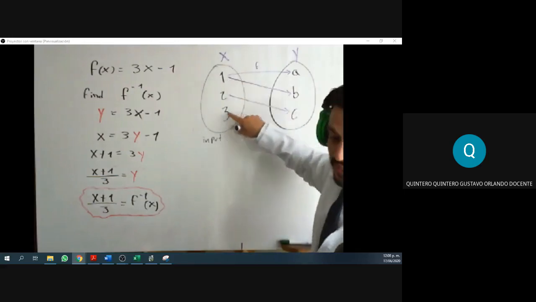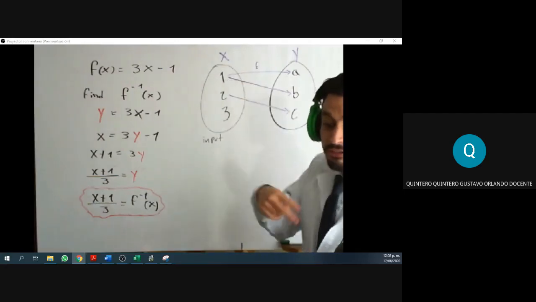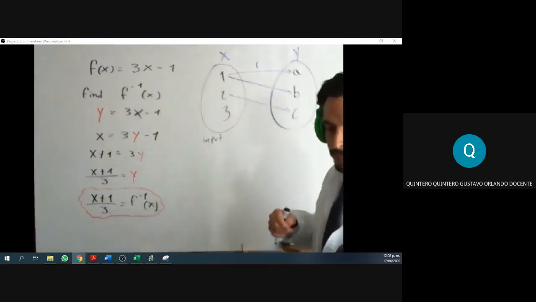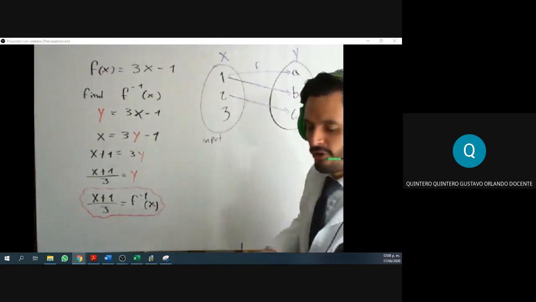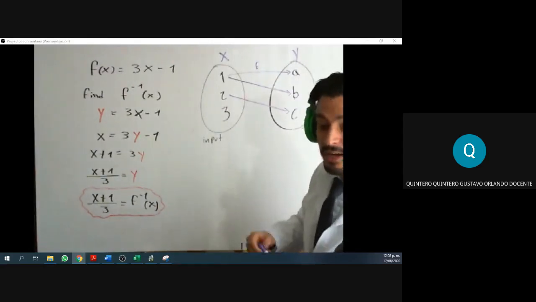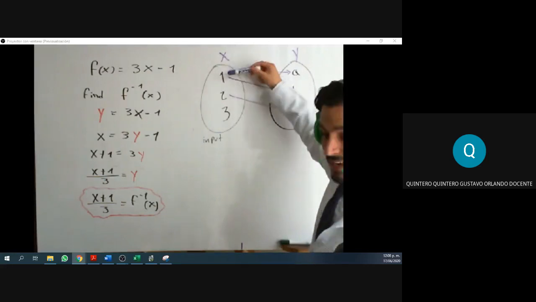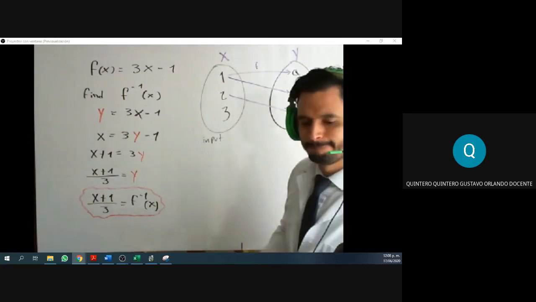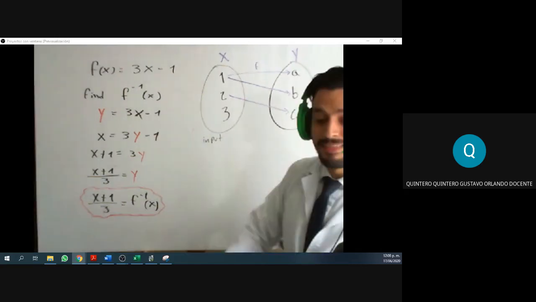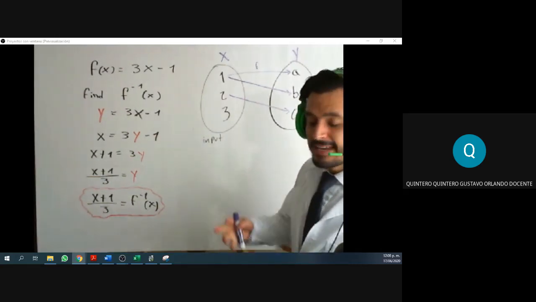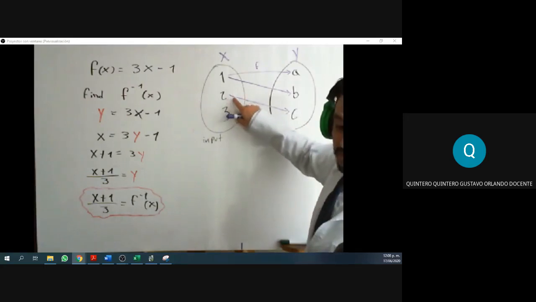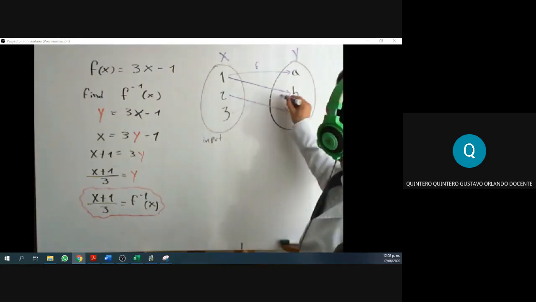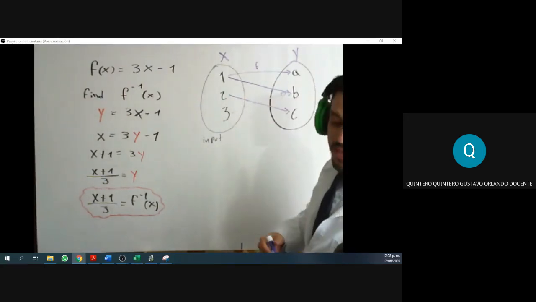If one of these elements in the input is related to two or more, then it is not a function. And that is exactly what is happening right here. This element is, that is not a function right there. Simply because of that. With this element, that's a function. Even if I do this element, that makes it a function.